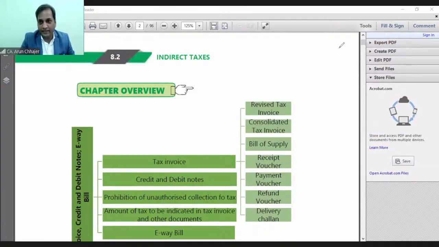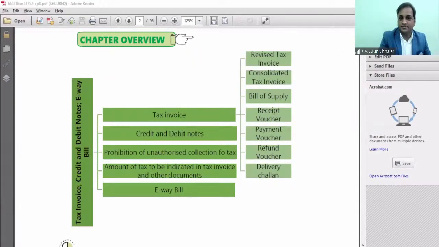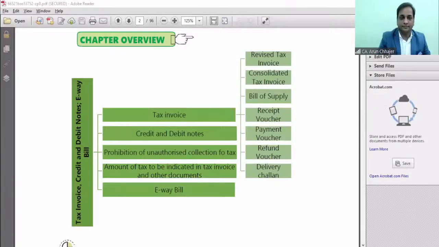Coverage of today's topic is the tax invoice, debit and credit note, prohibition of unauthorized collection of tax, and amount of tax to be indicated in the tax invoice.